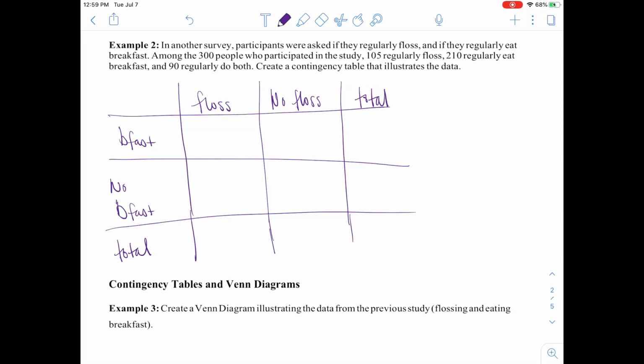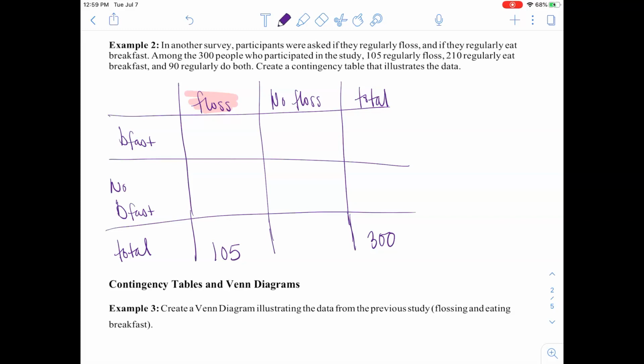It says among 300 people who participated in this study. All right, so that means I know 300 people were surveyed. So that's going to go in my grand total. 105 regularly floss. So here's my floss and 105 total floss. 210 eat breakfast.